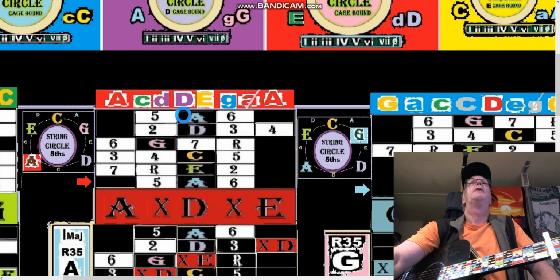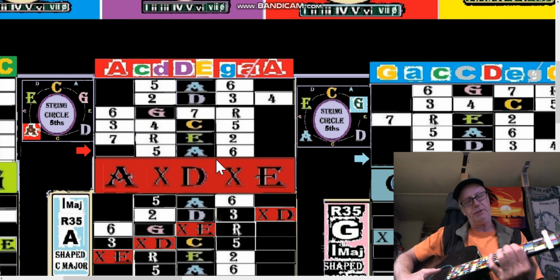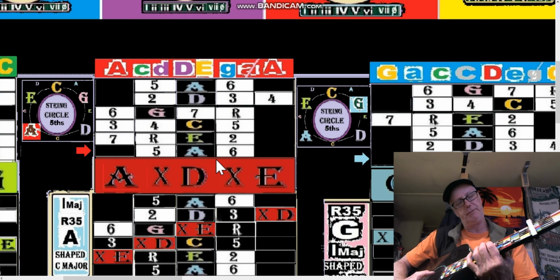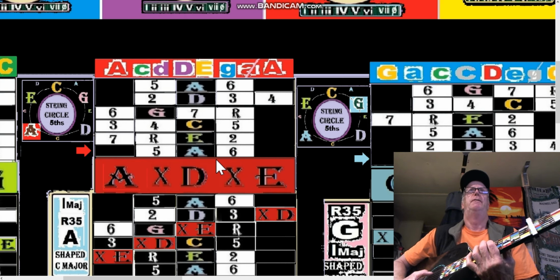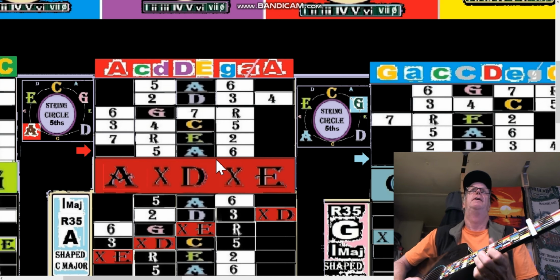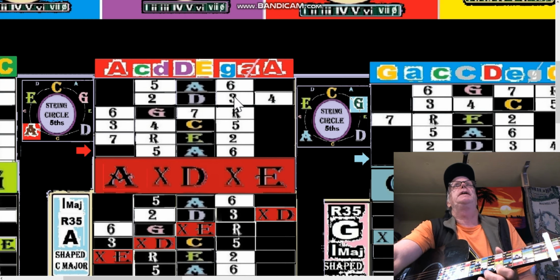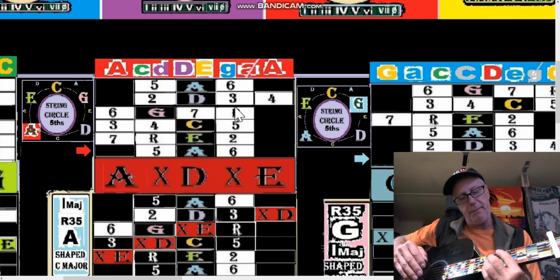When we're looking at the A shape, from that A would be 5, 6, 7, root, 2, 3, 4, 5, 6, 7, root, 2, 3, 4, 5, 6. So the root is obviously in the A position at that point.